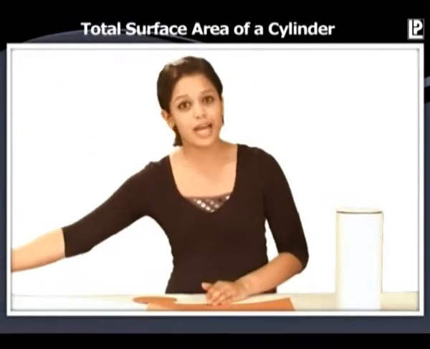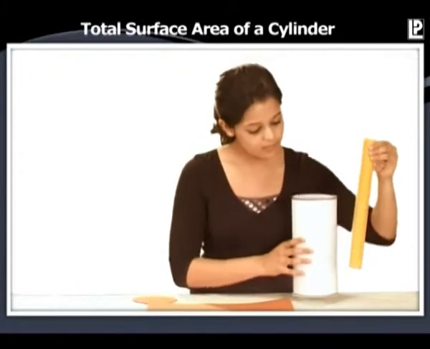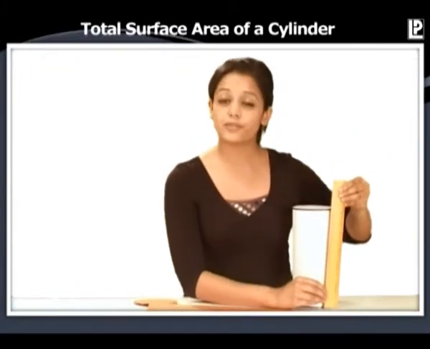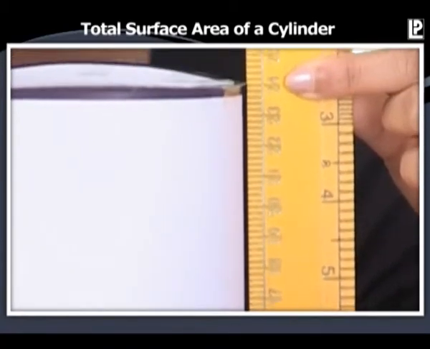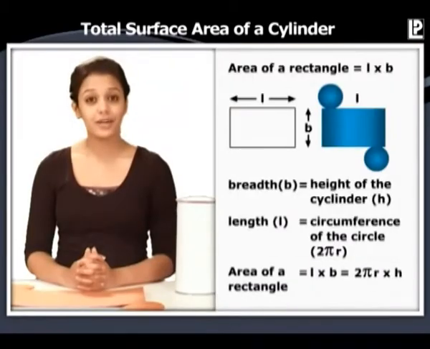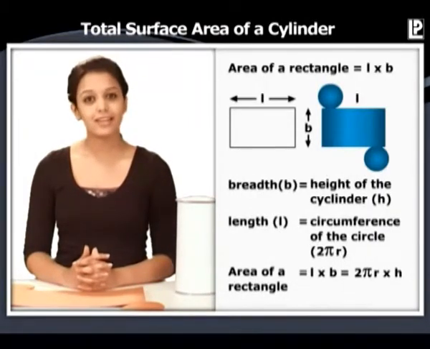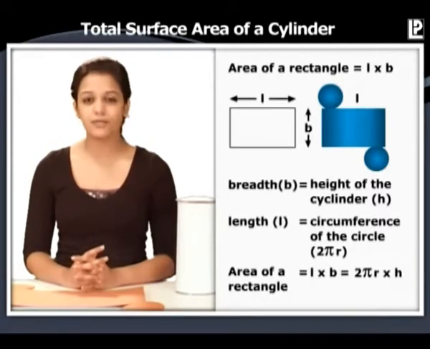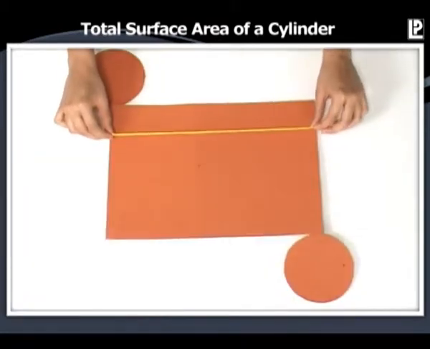Let us measure the height of the cylinder with a ruler. The height of the cylinder in this case is 24 centimeters. So the area of the rectangle is 2 pi rh. The length of the rectangle is the same distance as the circumference of the circle. Let's check that out. For this, first measure the length of the rectangular piece.